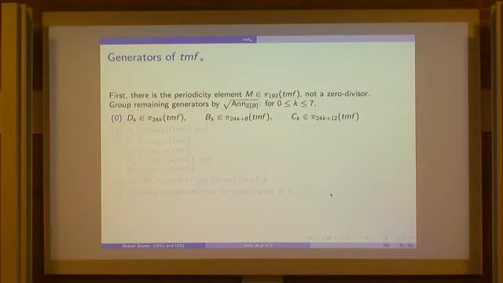So the elements that are not annihilated by Z or the Bott element are called DK, BK, and CK in each of the k equals 0 through 7 copies of KO there. DK is in the 0 stem, BK is the new Bott element in the kth copy of KO that happens in the 8 stem, and CK is in the 12 stem.